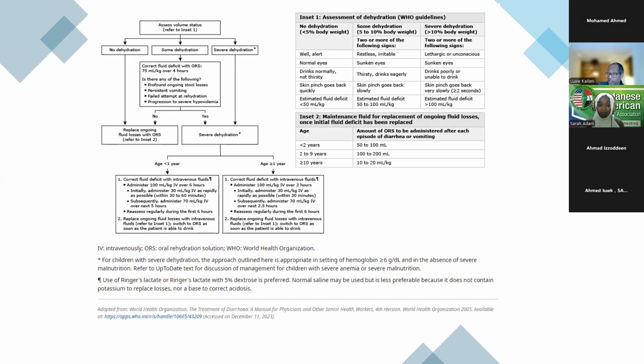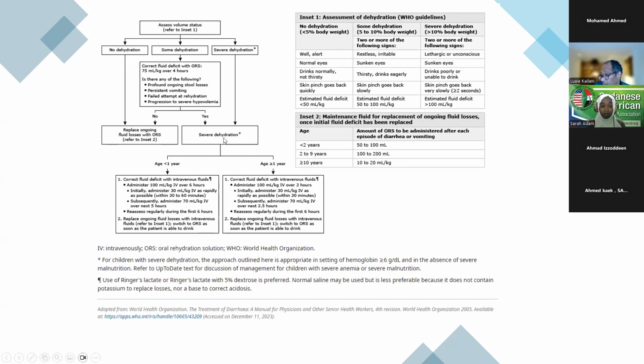If you saw the patient and said, oh, this is some dehydration, and then you start the IV fluid replacement, and then you find the patient still has profound ongoing stool loss or vomiting, or you couldn't really find a vein, then you have to move to severe dehydration. And I'm not sure if people still do the intraosseous.